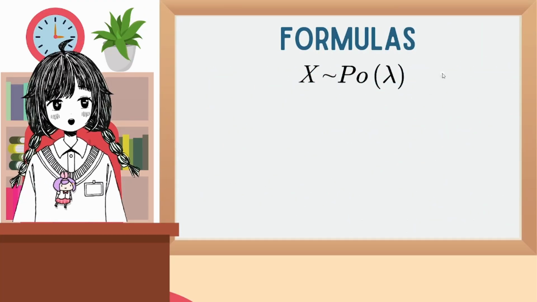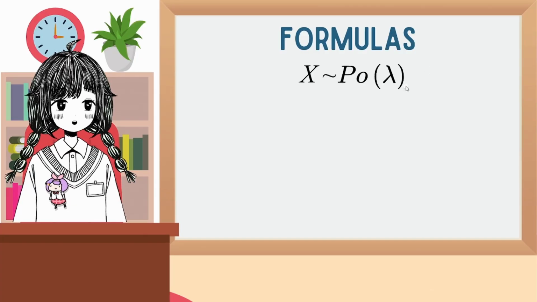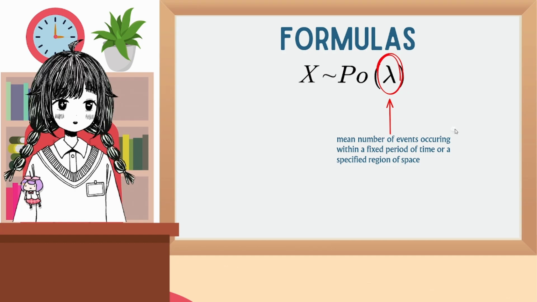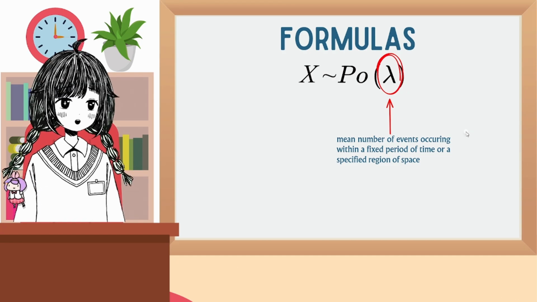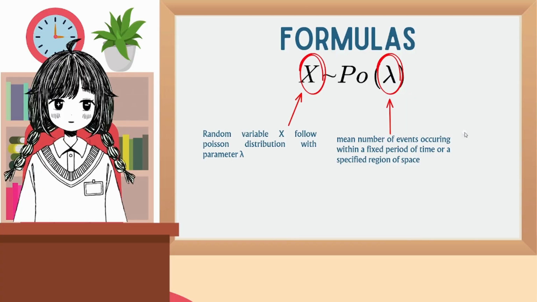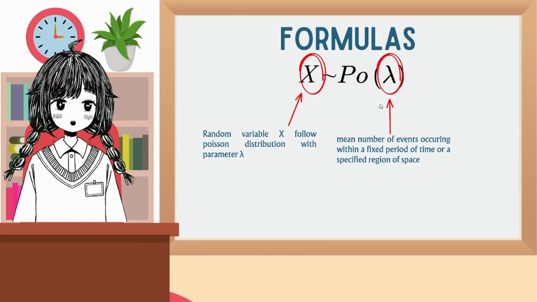Next, we look at the formulas. This is the Poisson distribution. Lambda represents the mean number of events occurring within a fixed period of time or a specific region of space, while X is a random variable. X follows a Poisson distribution with parameter lambda.